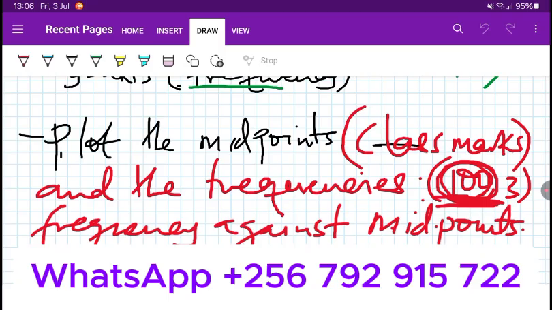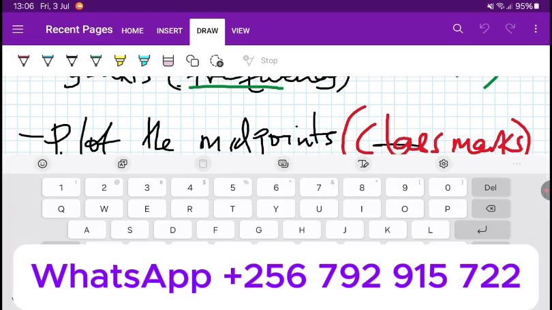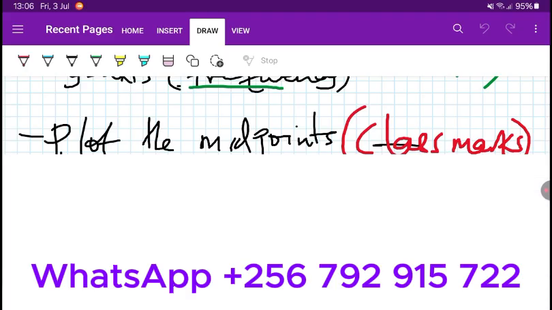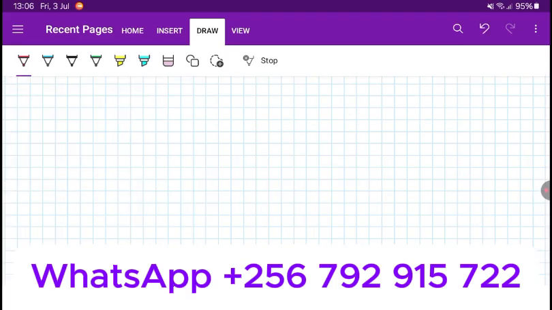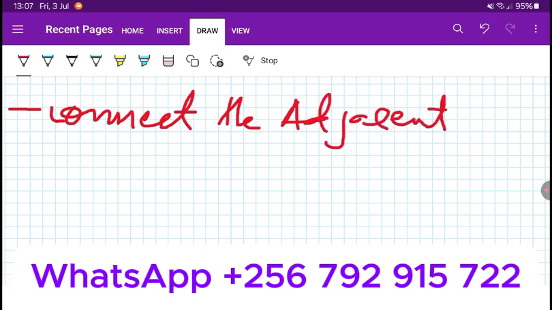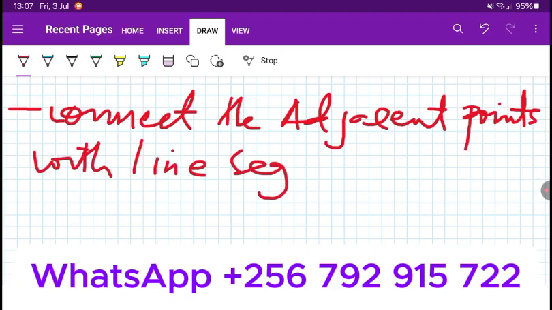Once we are done plotting the midpoints and the frequencies, the next thing is to connect the adjacent points with line segments.